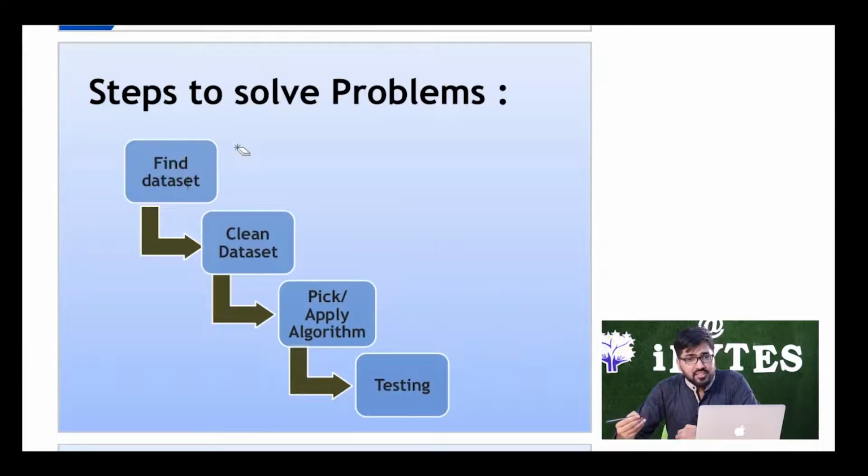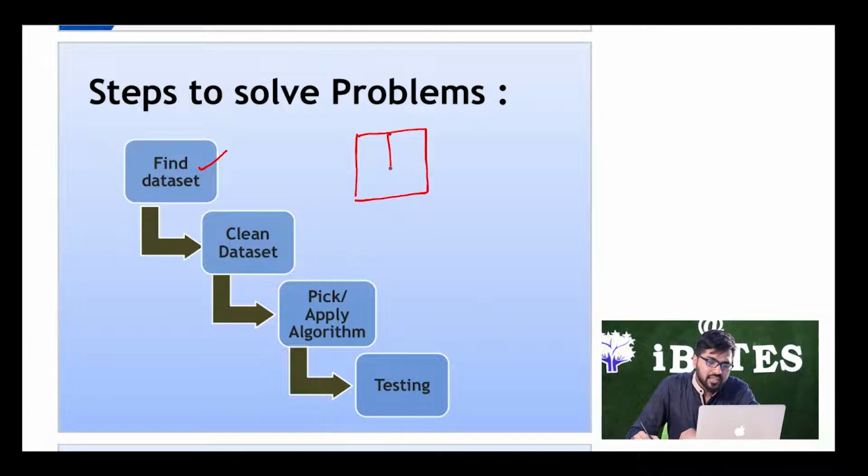So what are the steps to solve any problem? The first step is to find the data set. Obviously, to apply machine learning, we need data. If I have to build a model which is able to predict the price of a house, I will need my past data of, let's say, the 100 houses that have been sold. So I will go and find that data set.